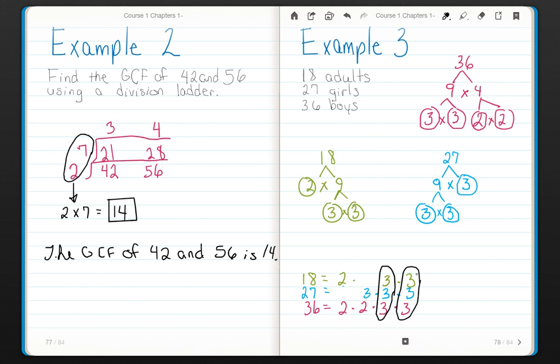So this 3 and this 3 are in common. Then I'm going to take them and multiply them together. 3 times 3. So the greatest common factor is 9. Okay, so the largest number of groups is 9 groups.